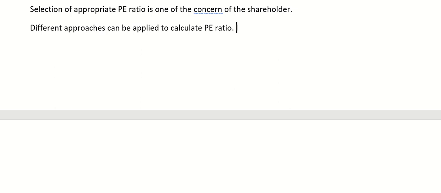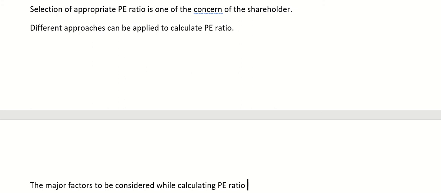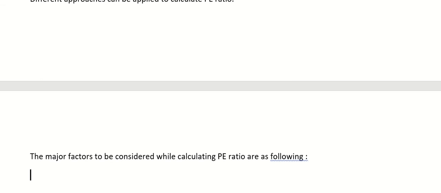So what approaches can be used to calculate PE ratio? So the major factors to be considered while calculating PE ratio are as following. So what factors to be considered?